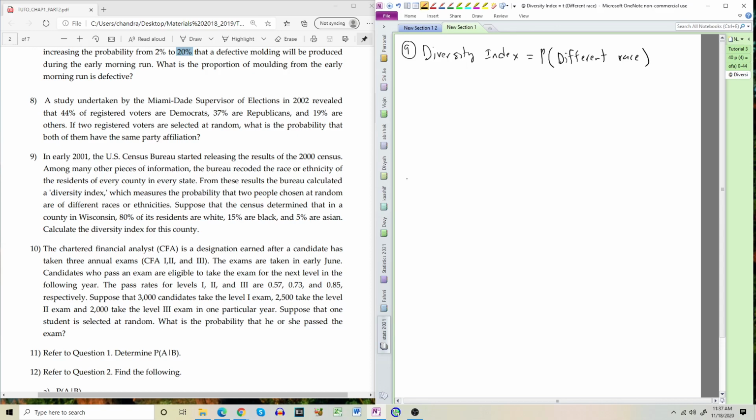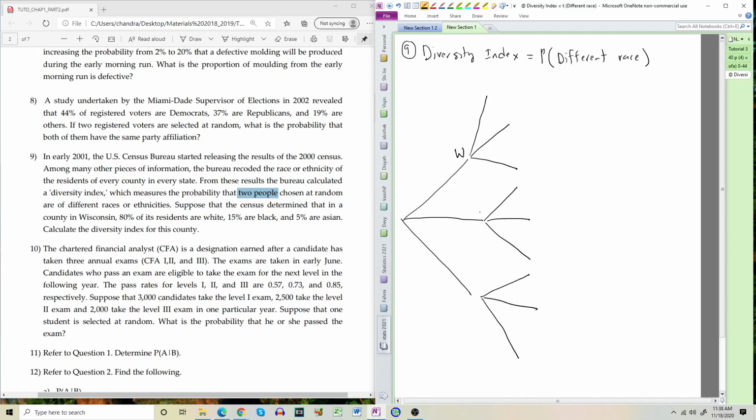They choose two people. So the first person can be white, black, or Asian.